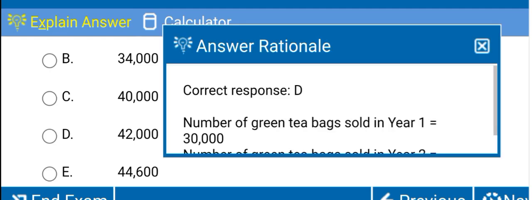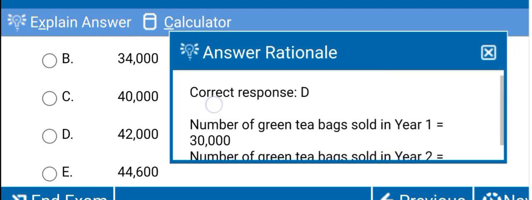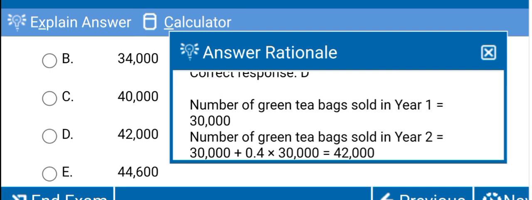So the correct response is option D, as the number of green tea bags sold in year 1 equals 30,000, and the number of green tea bags sold in year 2 equals 30,000 plus 0.4 multiplied by 30,000 equals 42,000.